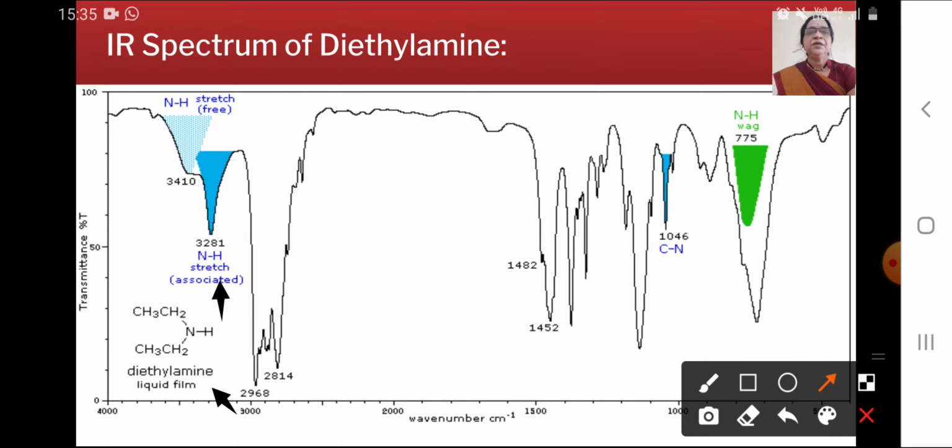The bands at 2968 and 2814 are due to the CH stretch of the CH3 as well as the CH2 group, and the stretching observed at 1046 per centimeter indicates the presence of the secondary amine, and we can determine the structure as diethylamine by using the IR spectrum.